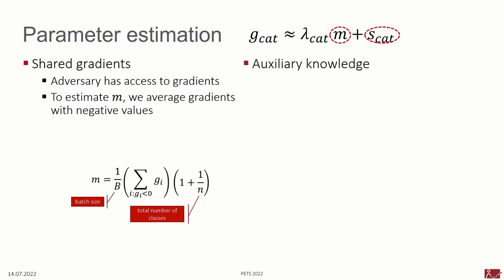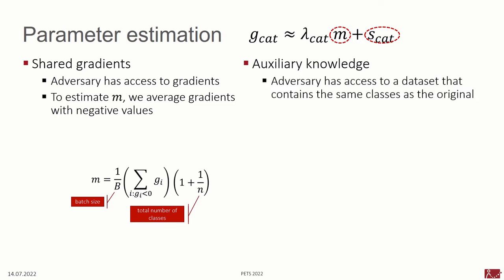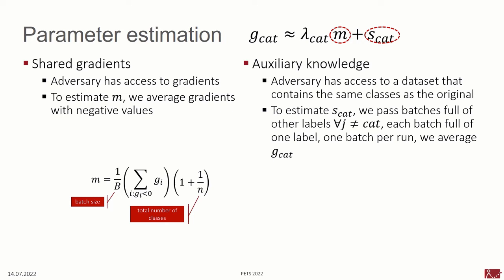In the second scenario, the adversary has access to the gradients and a dataset with the same classes as the original one. Here we can also estimate the offset of the cat by producing misclassification cases. We do that by passing batches full of labels other than the cats.